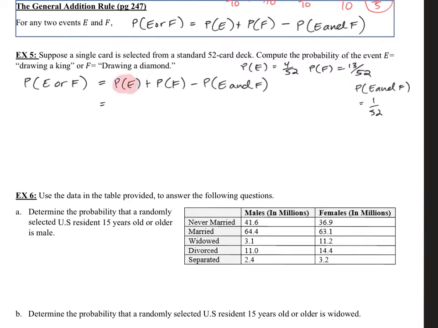The probability of E is 4 over 52, the probability of F is 13 over 52, and the probability of E and F is 1 over 52. And then we'll get 16 over 52, which simplifies to 4 over 13. And there we go, we found the probability of selecting a card from the deck that is either a king or a diamond.